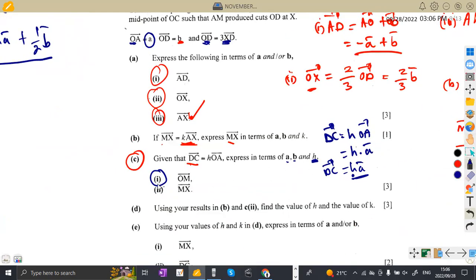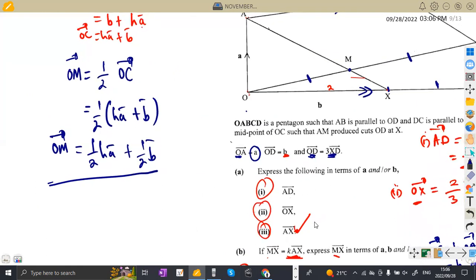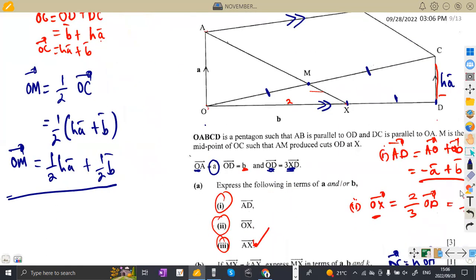But anyways, what about MX from there? So MX is a continuation again. So M to X, we are going to use this OM that we have. But which route are we going to take? M to X here, this is M to X. So you can say MO plus OX. MO, remember guys, here we have got OM, but we are saying MO.